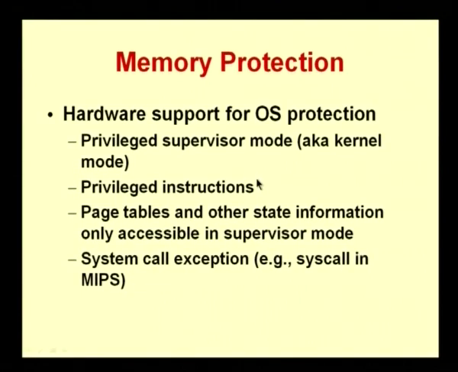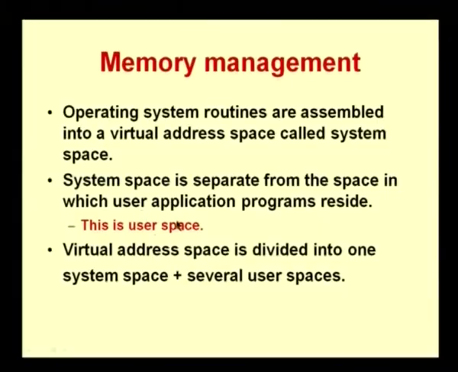Okay. The other thing that we do is that you also have to provide for different address spaces for the different processes. To do that, what we do is the following. As I said, the space which is used by the operating system is referred to as the system space, and it is considered to be different from what is used by the user, which is called the user application space or the user space. Okay.